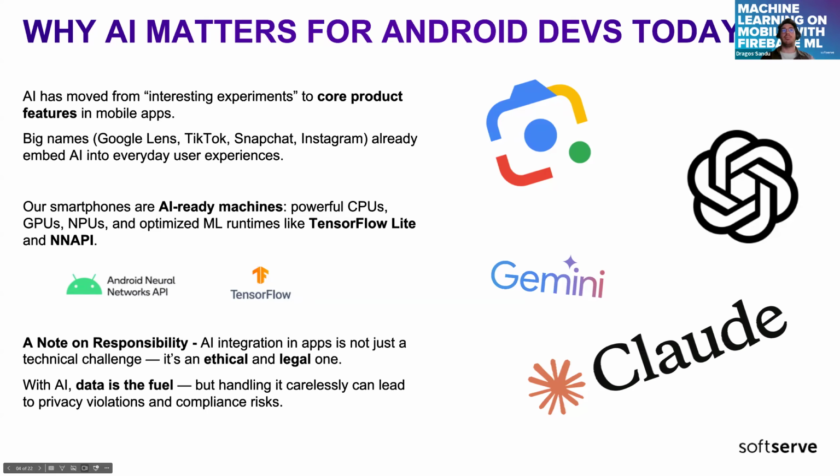These are made possible on Android by things like Neural Networks API or NN API, and the TensorFlow framework. The Neural Networks API, as of now, is deprecated, and Google is actually going towards the TensorFlow integration.